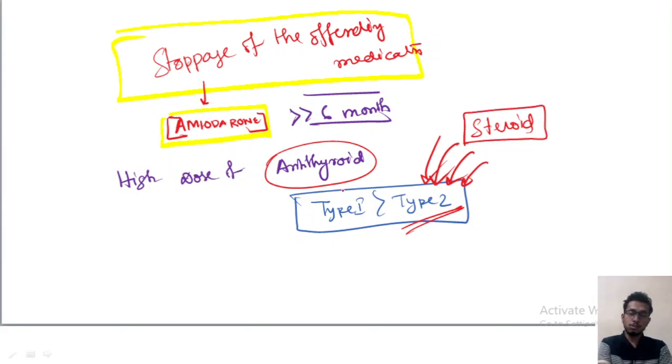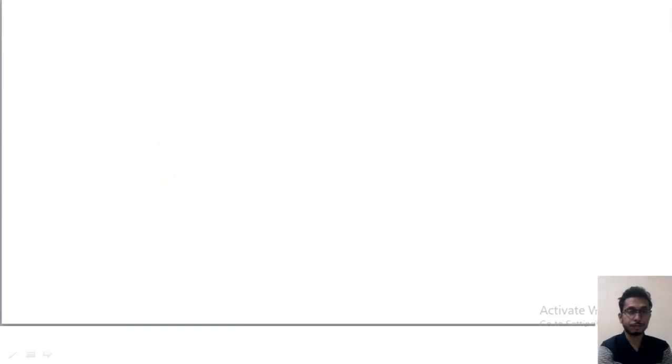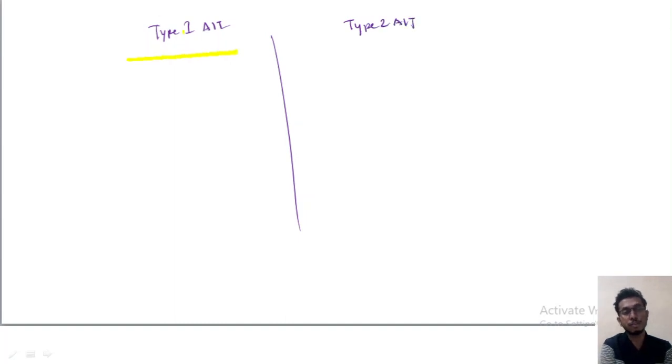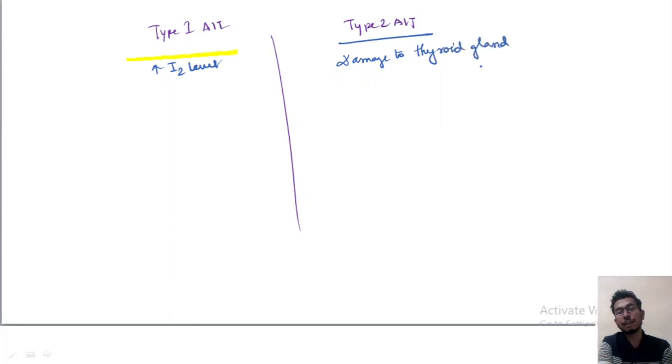Okay. There are also some authors who suggest giving iodine lowering medication. Alright, so if we check type 1 AIT versus type 2 AIT, the main pathophysiology in type 1 is an increase in the iodine level, whereas here in type 2 there is damage to the thyroid gland by the direct effect of amiodarone.